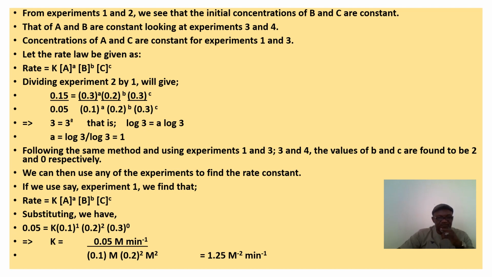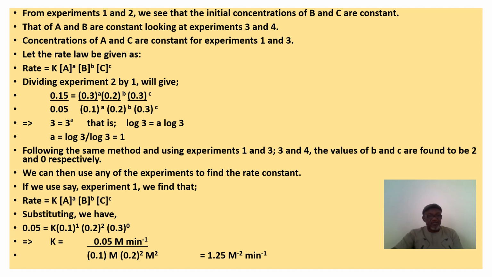The concentration for A is 0.1, for B is 0.2, and for C is 0.3. Remember, we have values of small a as 1, small b as 2, and small c as 0. So we substitute, make k the subject, and divide, and we have 1.25. So this gives us the rate constant.